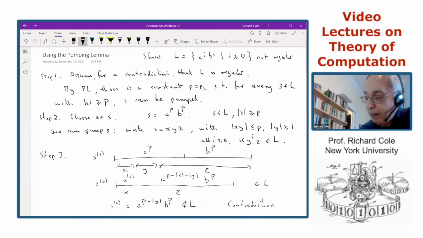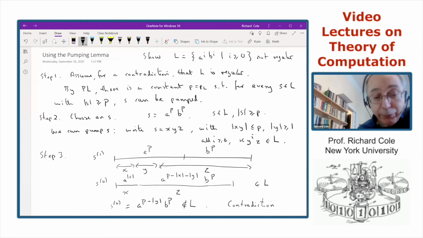It's the consideration of a pumped string, in this case S0, and deducing that it's both in the language, which follows by the pumping lemma, and that it's not in the language, which comes from looking at the particular structure of the string in this particular language and seeing that somehow it doesn't obey the properties that the strings in the language have.